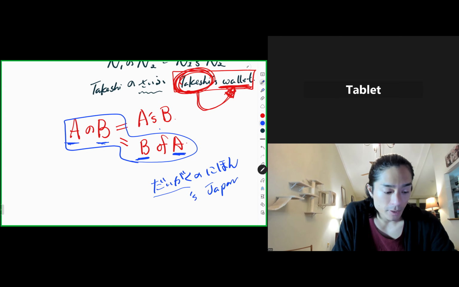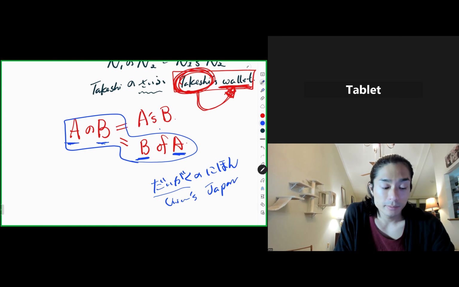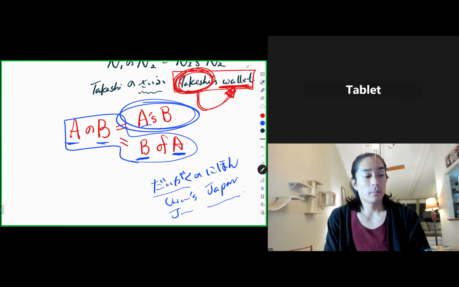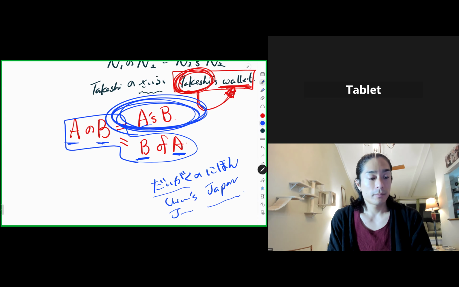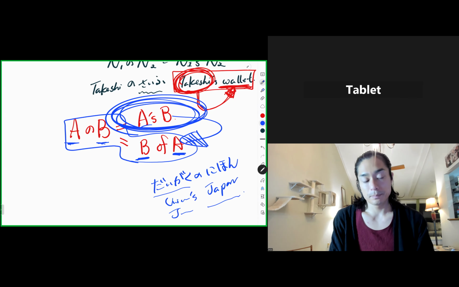What does that mean? Universities Japan. It's just flipped. It's wrong. 日本の大学, right? 日本 has to come first. Japan's university. Okay. That means university in Japan, right? So my recommendation all the time, use the first one first. And then if it makes more sense or sounds more natural, you can use of. Okay.